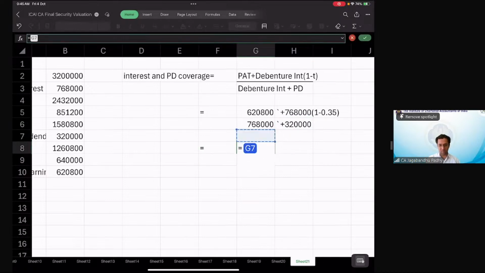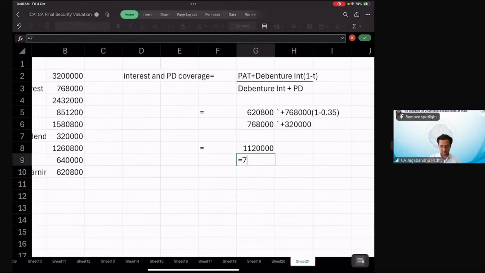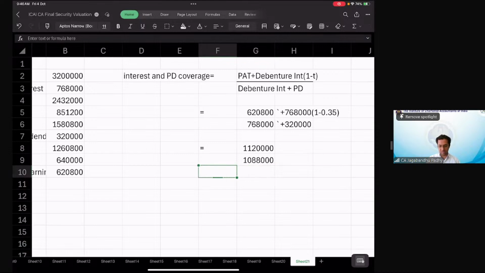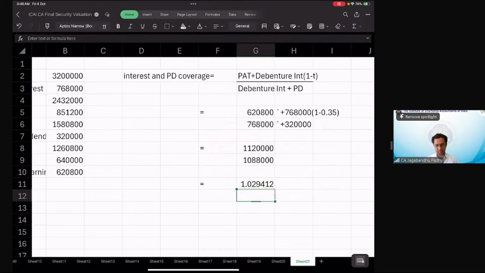So this works out to be 6,20,800 plus 7,68,000 into 0.65 divided by 7,68,000 plus 3,20,000. So this coverage ratio works out to be 1 point.